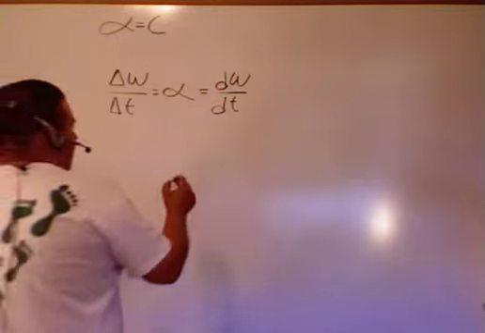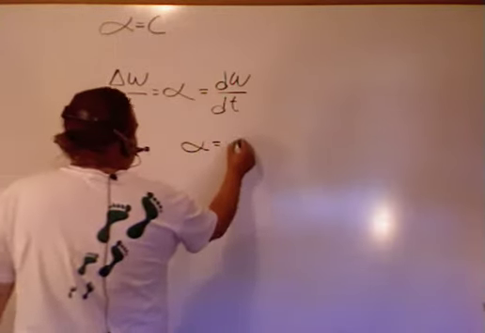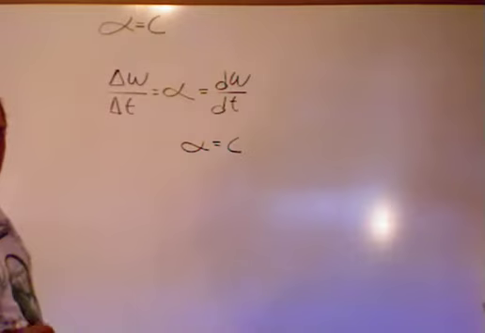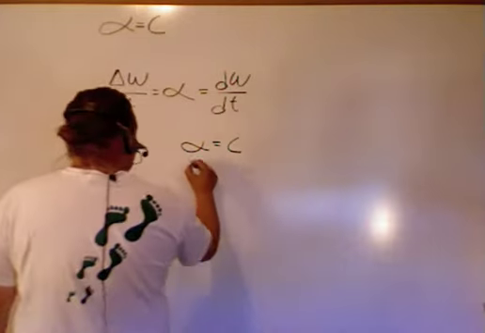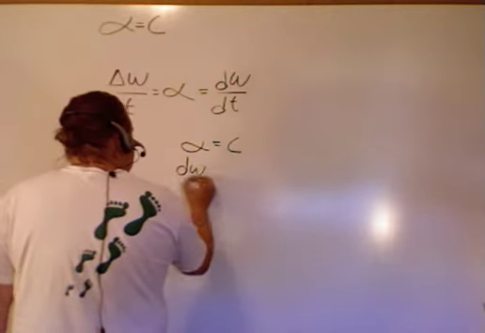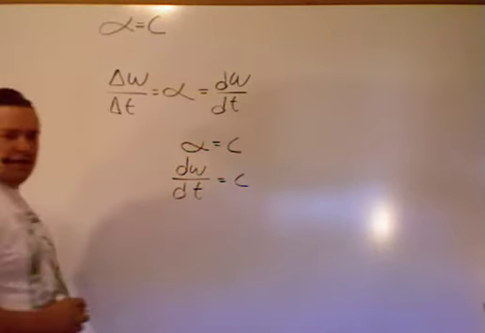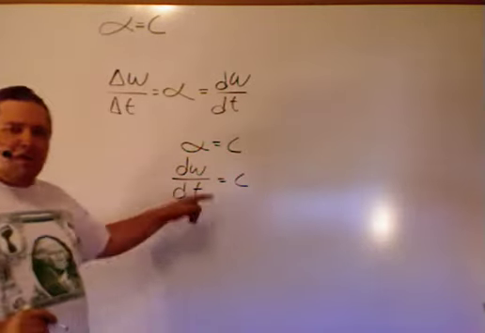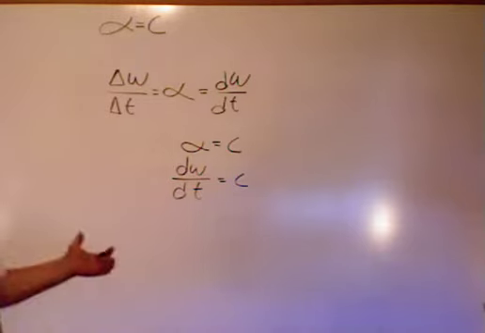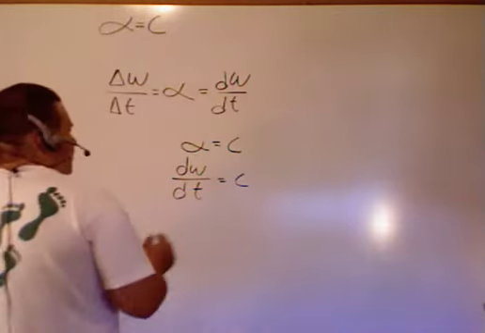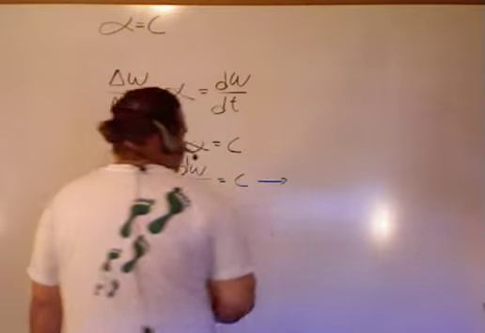So if I say that alpha is equal to a constant, and that alpha here is nothing more than the change in velocity with respect to time, that the change in velocity with respect to time is equal to a constant. Nothing new there. Now what I'm going to do next is integrate that with respect to time.